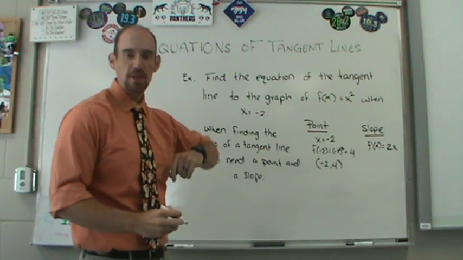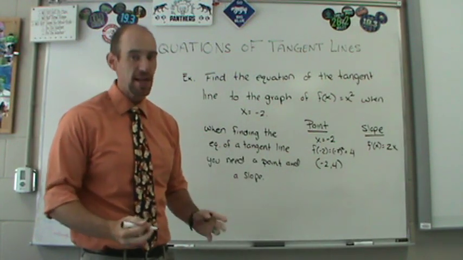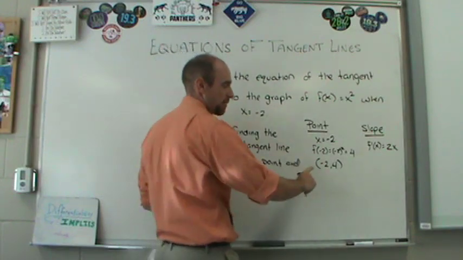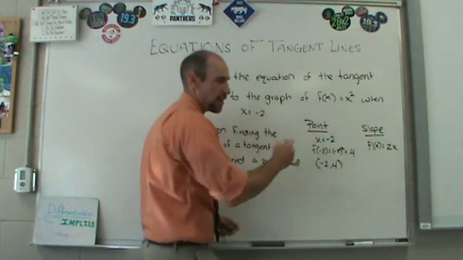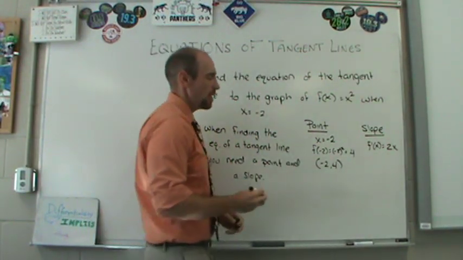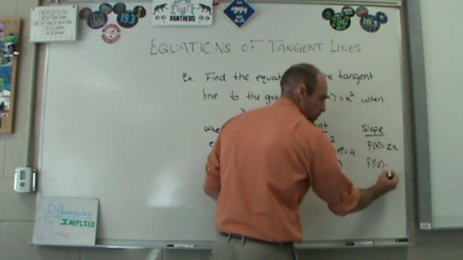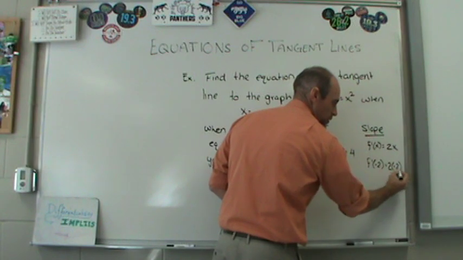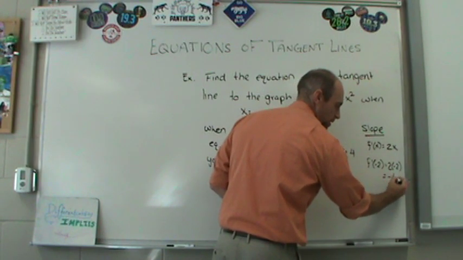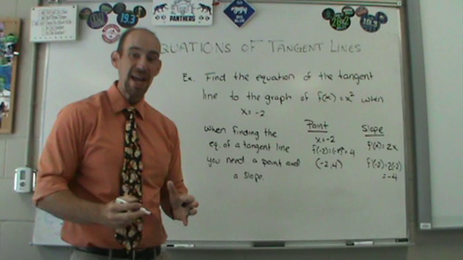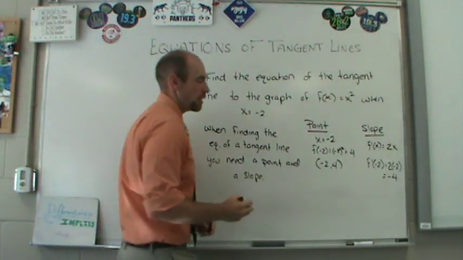So now I have the derivative. Now I'm not done yet. I need to now take that point that I have and plug it in. And notice all I have is an x inside this derivative. So I'm going to do f prime of -2, which gives me 2 times -2, and my derivative is -4. That gives me the slope of the tangent line.